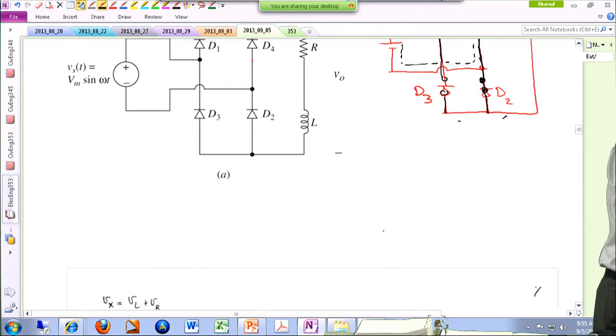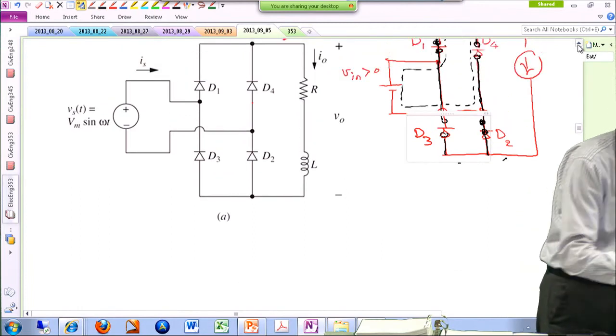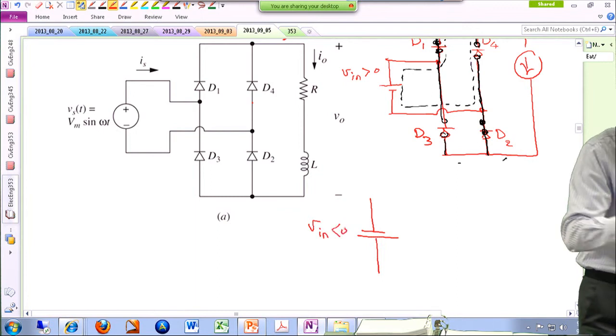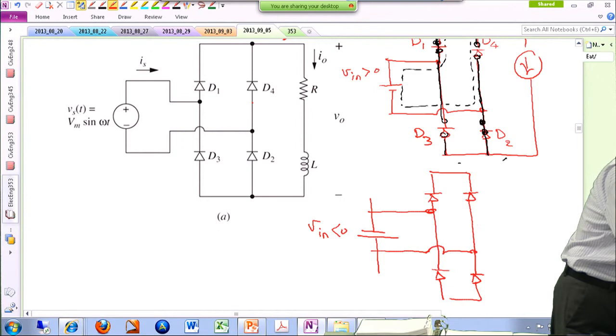All right. So now let's look at the case that the input voltage is negative. So I'm just going to draw it like a negative, like a battery kind of a thing. So here Vin is negative, the second half of the cycle. And my output current is still continuous in this direction.